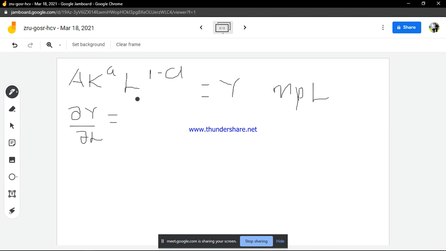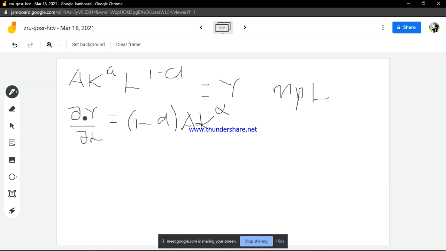I'll get my exponent 1 less alpha times AK alpha first. So I'll multiply this by AK alpha. Now I'm sure someone is wondering why aren't we tampering with capital?